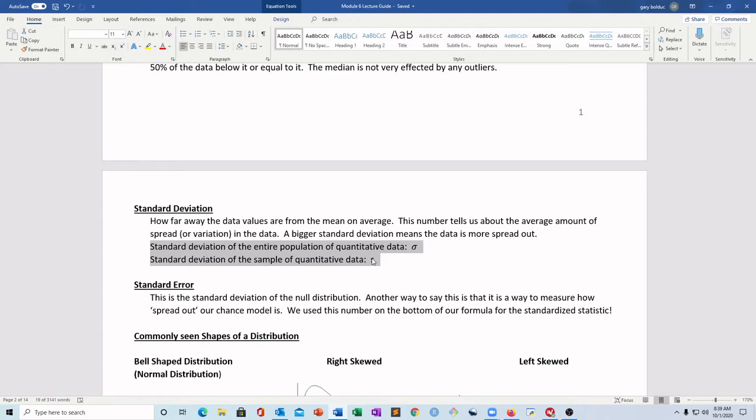We can average them, which means we find the mean, and as soon as we do that, we can find out how spread out the data is. So again, we've got two symbols here: one for the sample standard deviation, little s, and one for the entire population's standard deviation. This is little sigma, another Greek letter. So we're going to add that to our little list of Greek letters and not Greek letters, population and sample.